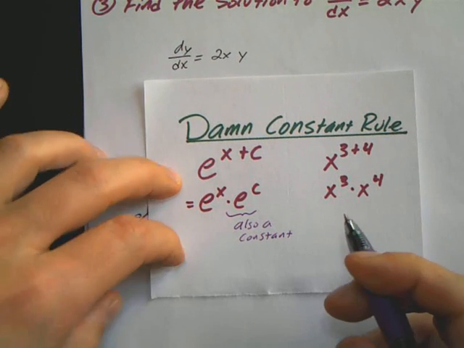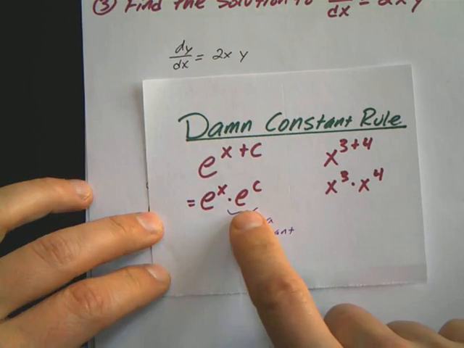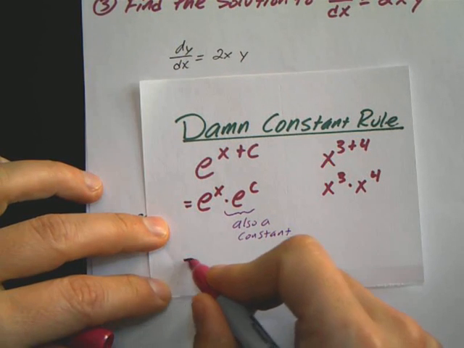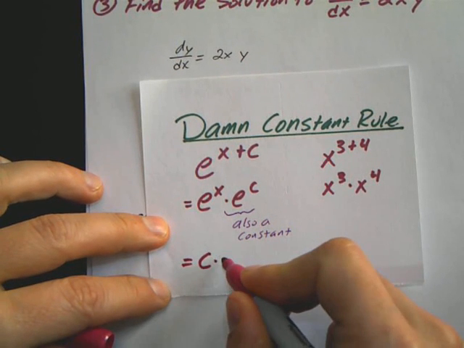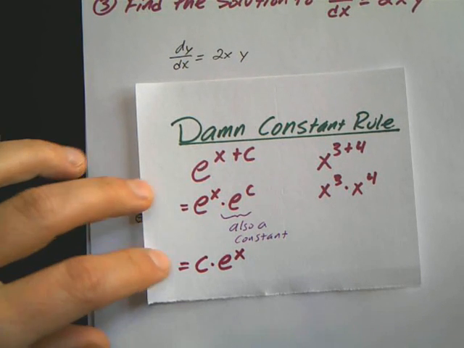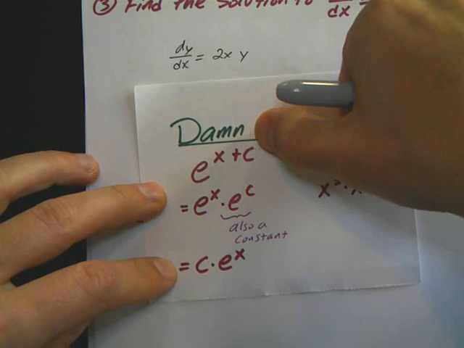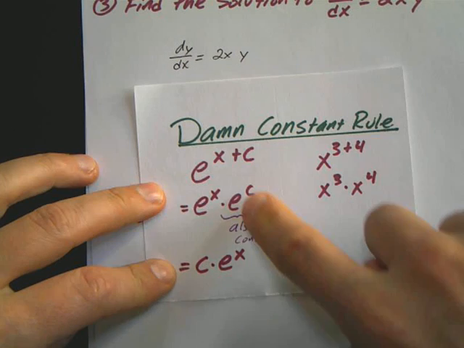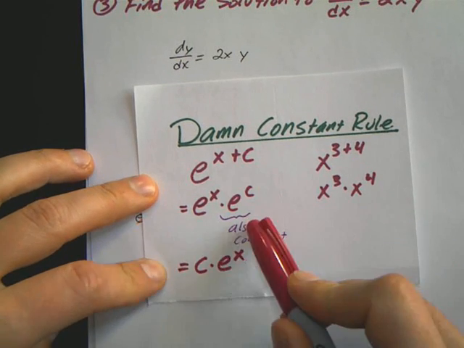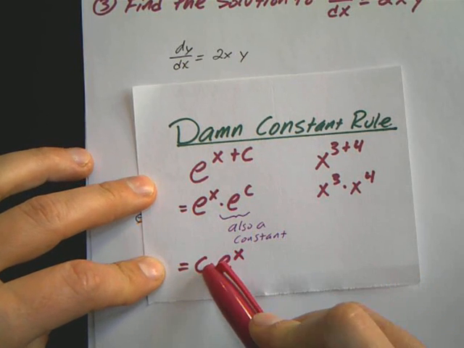It's an arbitrary constant, so we're just going to call this, because you're multiplying by it, c times e to the x. And that's the damn constant rule: the x plus c in the exponent, because you're multiplying and this is a constant, just turns into a c in the front.